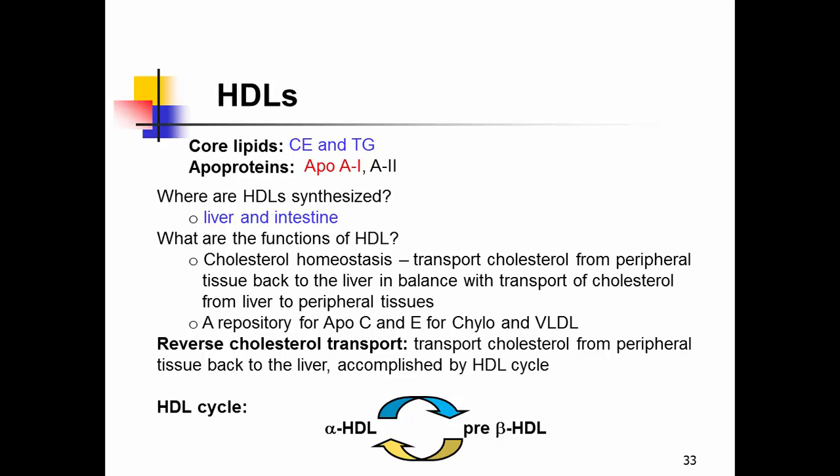What are the functions of HDL? We already talked about it. There is a very important role, the so-called reverse transport of cholesterol. If we have a lot of cholesterol in peripheral tissue that we don't need, the excess cholesterol needs to be disposed of.